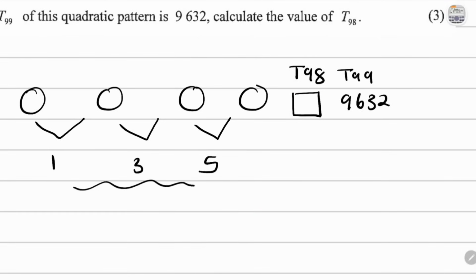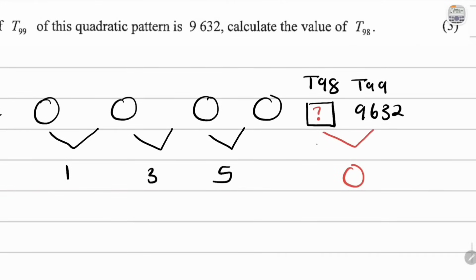Because we know a little bit about the first differences, if we could find the first difference that is between term 99 and term 98, then we would know exactly what we need to subtract from this term to find term 98. So the first thing is to find exactly what this is.